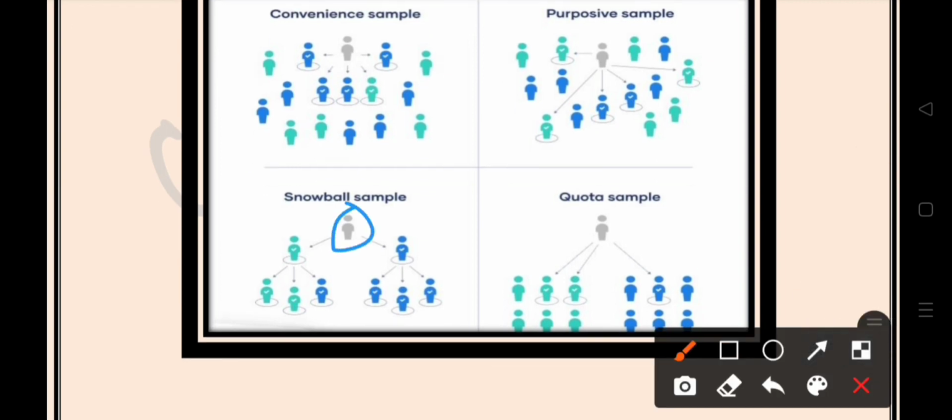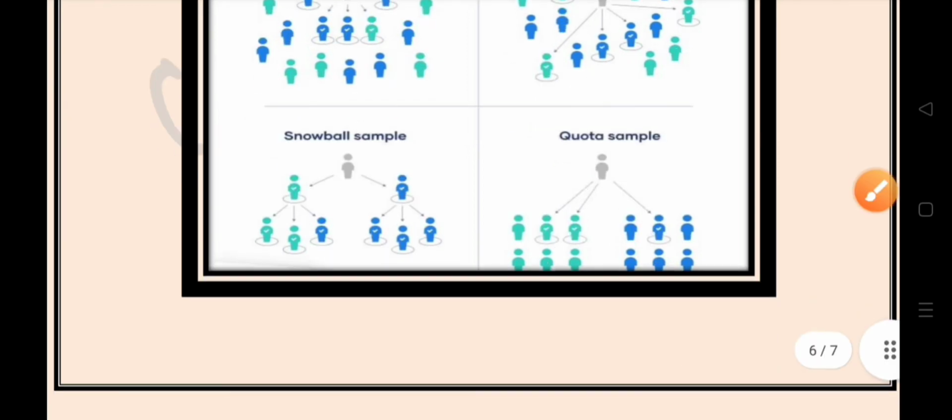Here the researcher will get a first contact with a person from a rare kind of sample, and from that he will get other samples or respondents through the previous respondent. Then next, quota sampling.